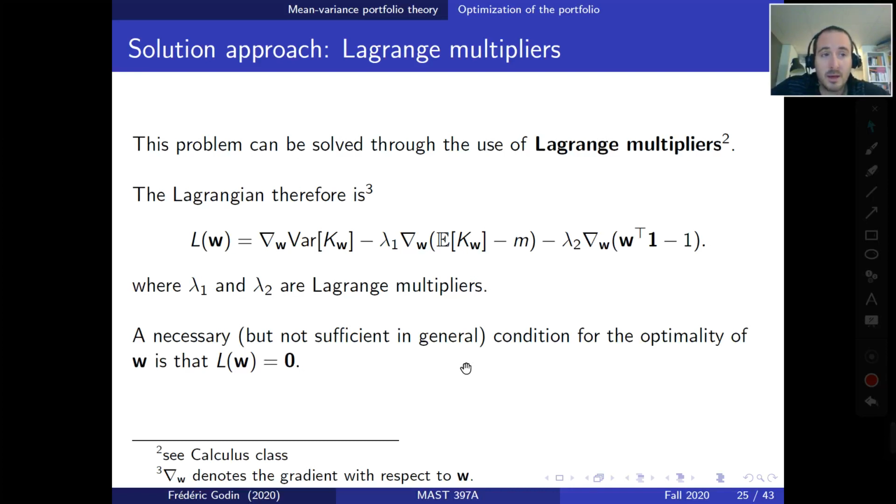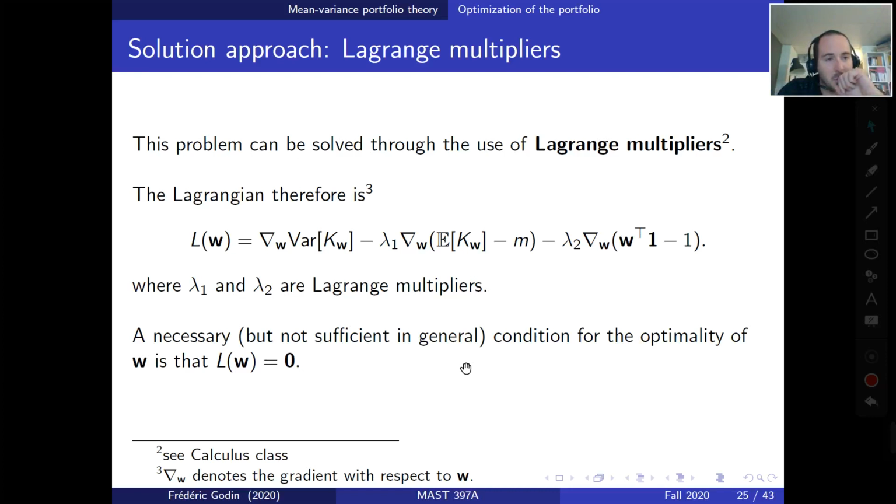We won't review Lagrange multipliers. It's your responsibility to go back to your calculus class or go on Wikipedia and get familiar with them. We will assume that at this point you're already familiar with the technique, and we're going to simply apply it here.